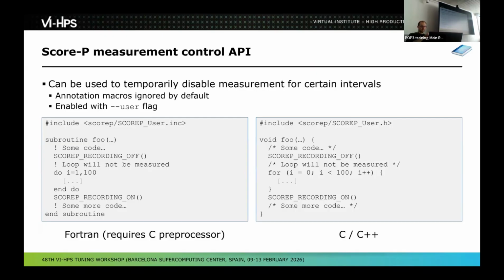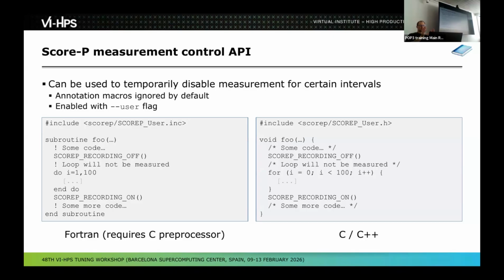Another point that is quite relevant is the control API, where you can stop recording and restart at a later point with Score-P recording off and on. For this the classic example is, for example, with the POP methodology, you want to choose a focus of analysis and actually measure only that analysis part.